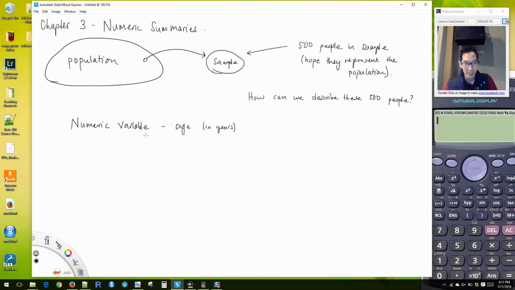All right, so to summarize our 500 data points, we can display them with a histogram or a dot plot.